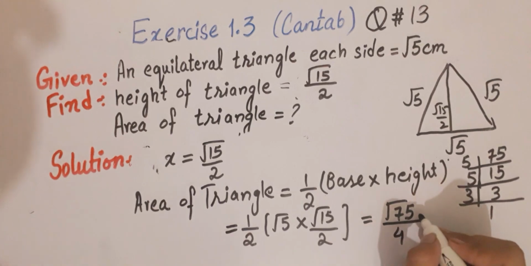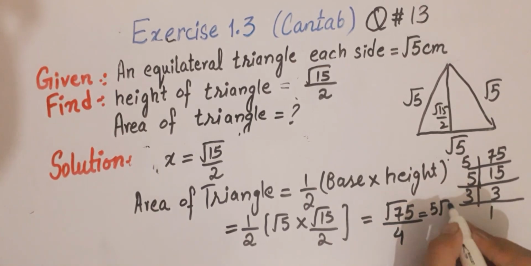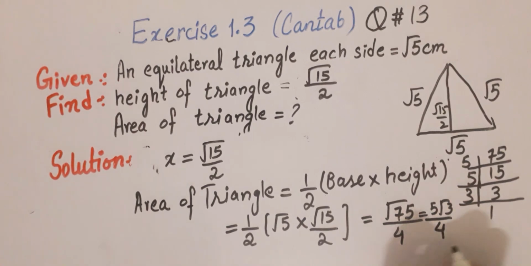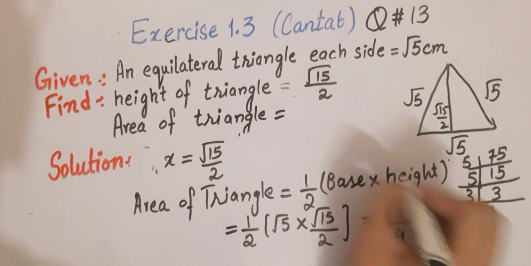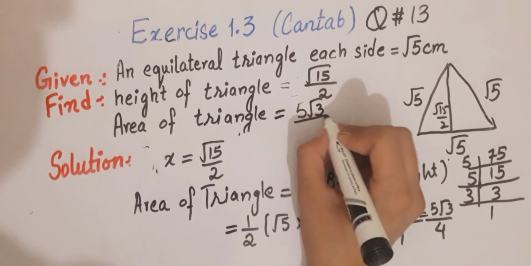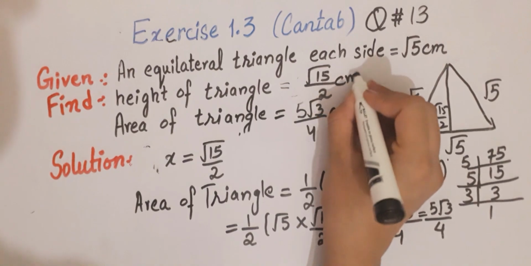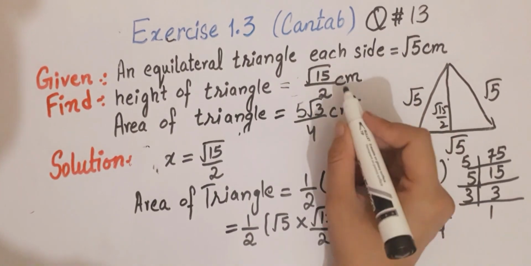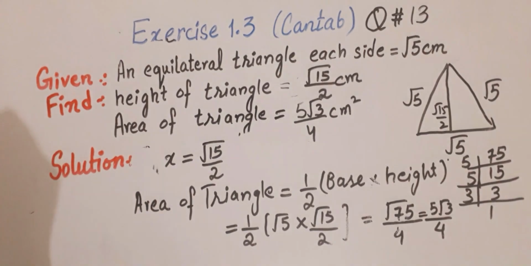So we can write square root of 75 as 5 square root of 3 by 4. So area of triangle is equal to 5 square root of 3 by 4 centimeter square. So this is the solution of this question. I hope you can understand this.